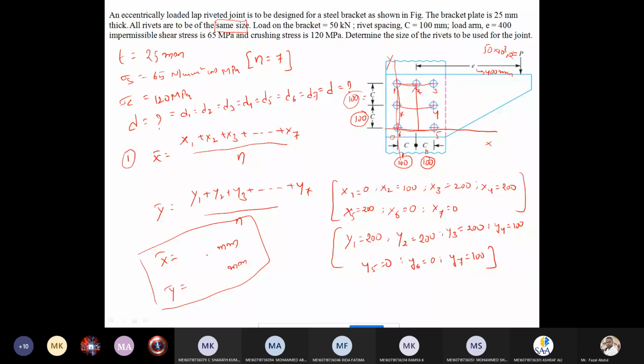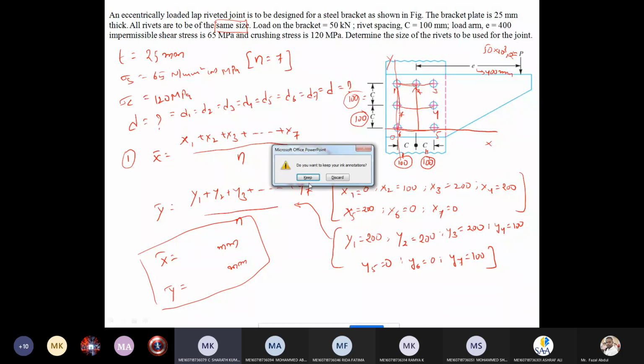Substitute the x values in this equation and the y values in this equation, and get the x bar and y bar. Make it fast, Babu. How much, Babu?